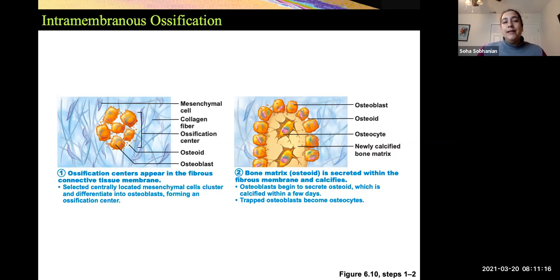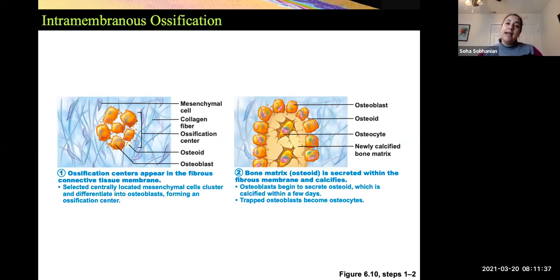So during intramembranous ossification, one of the first things that happens is some of these mesenchymal cells located in the area of the bony tissue, when they want to be bony tissue, start to undergo what we call a differentiation process.